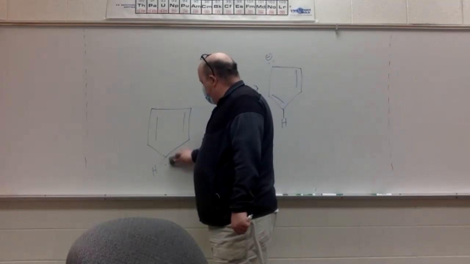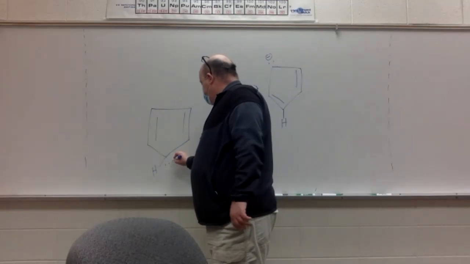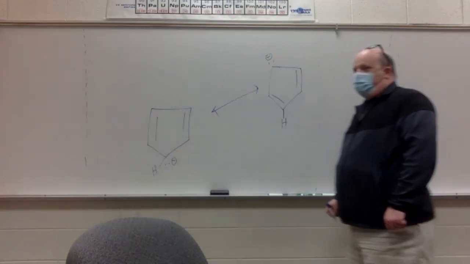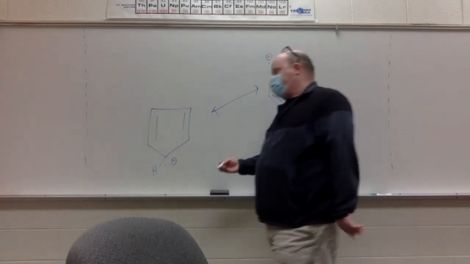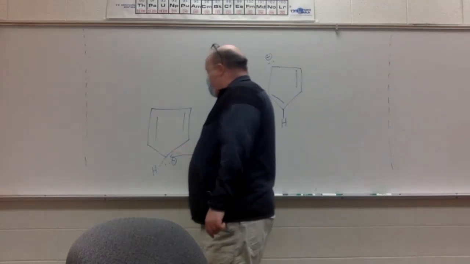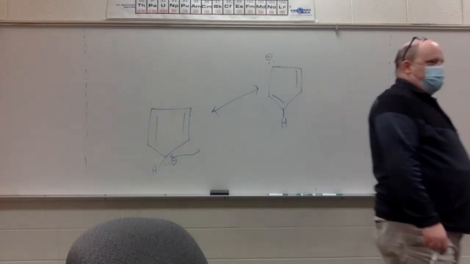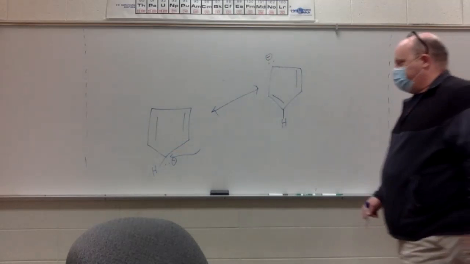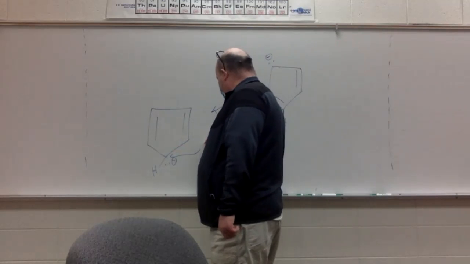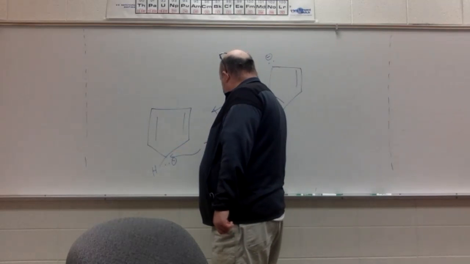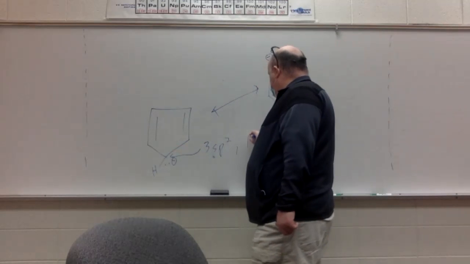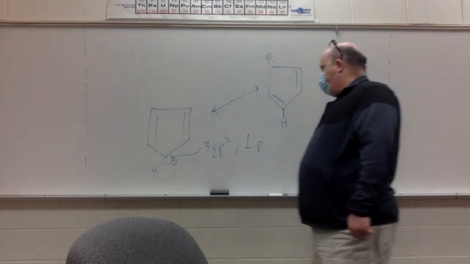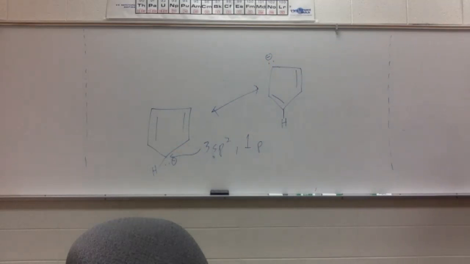So it's got to be ready at a moment's notice to resonate and adopt that hybridization status. So you can add this to your list of exceptions. If you have an allyl carbanion, it's going to be sp2. So you're going to have 3 hybrid orbitals and 1 available p orbital. So yes, that one is completely conjugated.